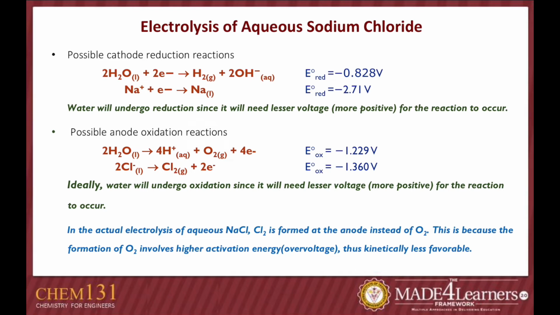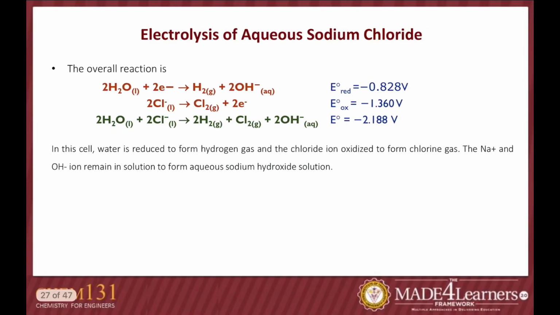So in the production, the formation of chlorine gas is faster. The chlorine gas forms more readily than oxygen gas. And the difference is very small, so the fast formation of chlorine gas will overcome that of oxygen gas.